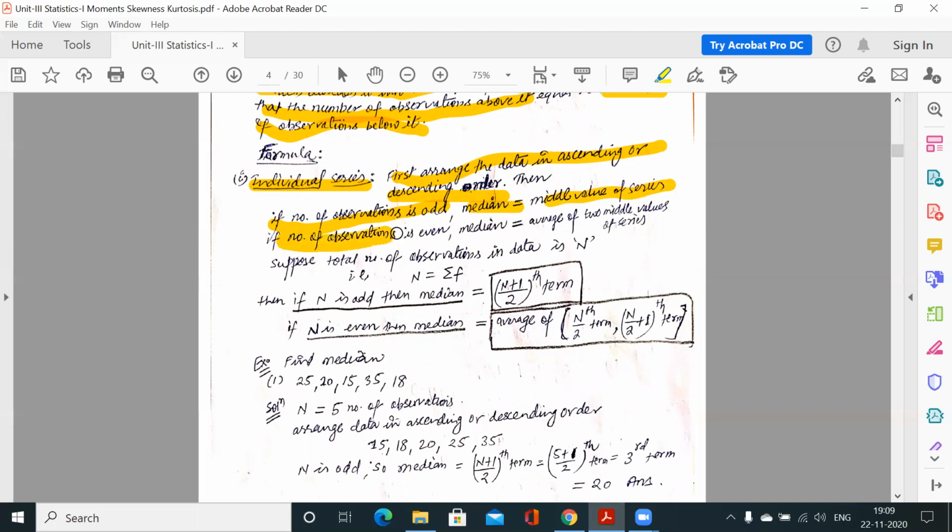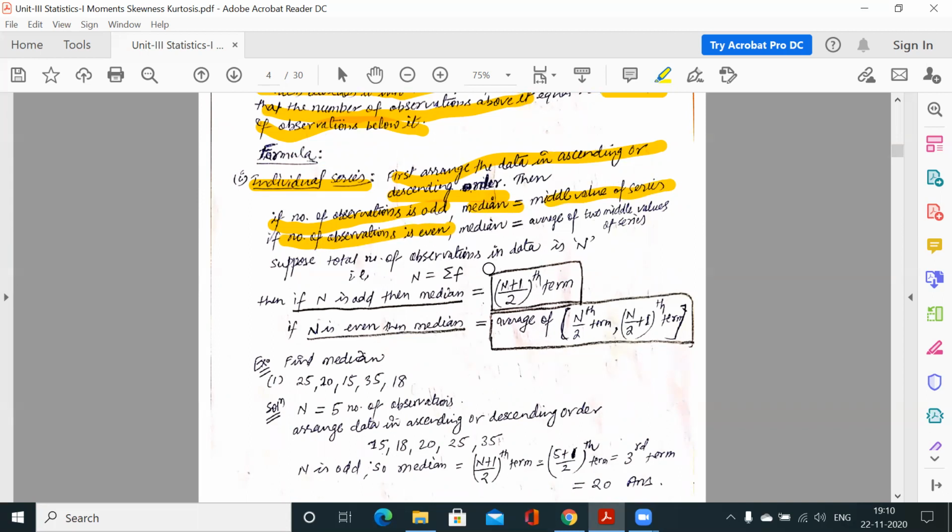But when the number of observations is even, suppose we have 10 points, we don't have a single middle value. Suppose we have numbers from 1 to 10. The middle value is 5.5, but 5.5 is not in the data. So it is either 5 or 6.